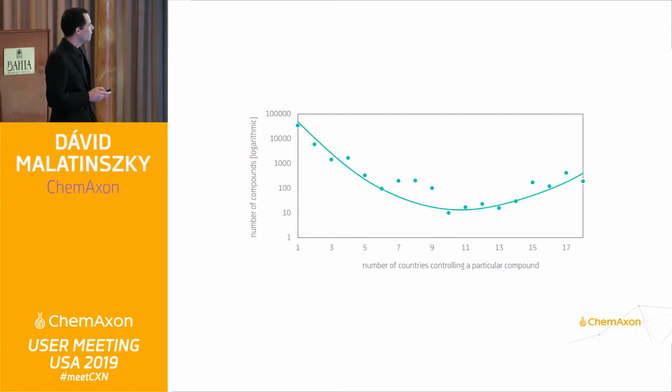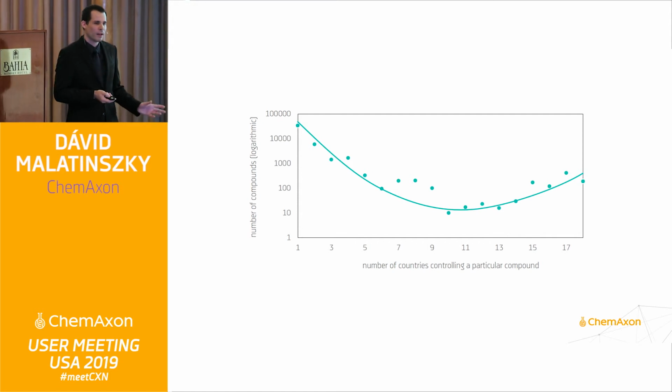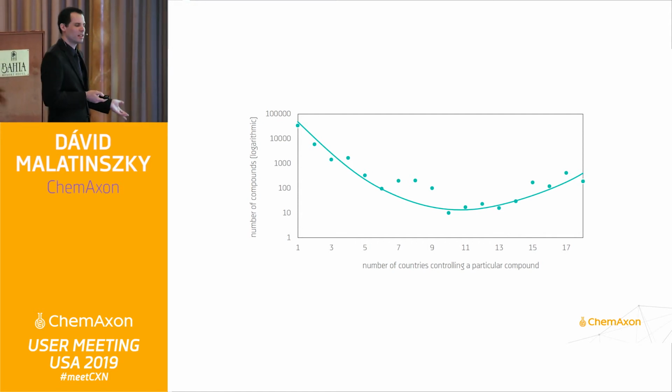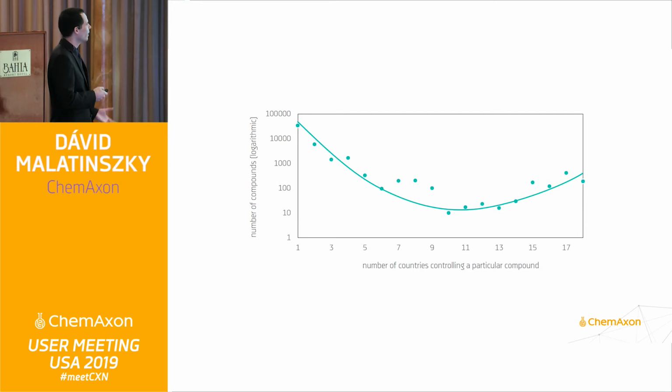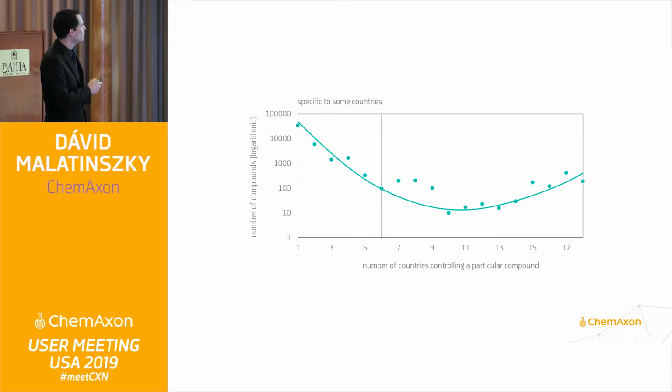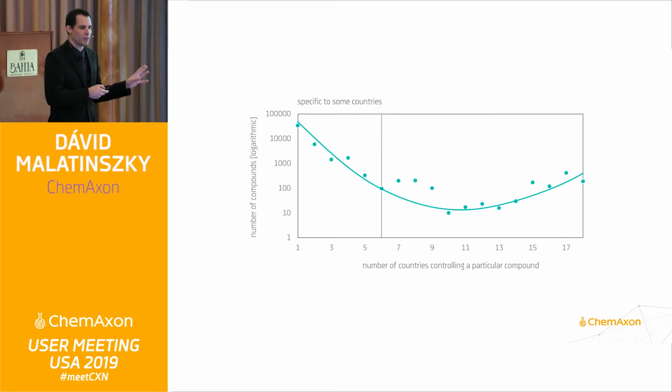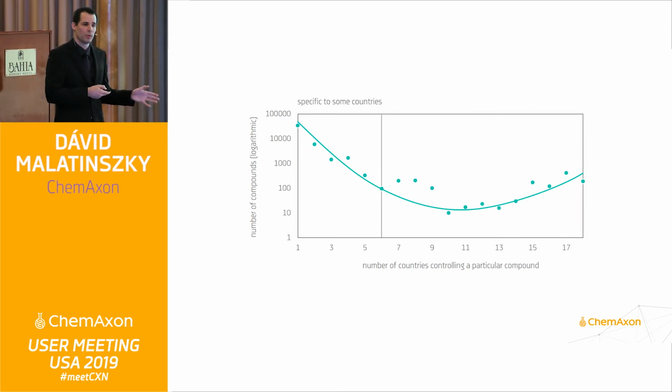And there seems to be a trend, even though I think this is a random trend, it just probably looks like one. But what we can clearly state is that these compounds here are controlled only in 1/3 of the countries we investigated the legislation for, and therefore we can say that these are somewhat specific to those countries in terms of chemical control.